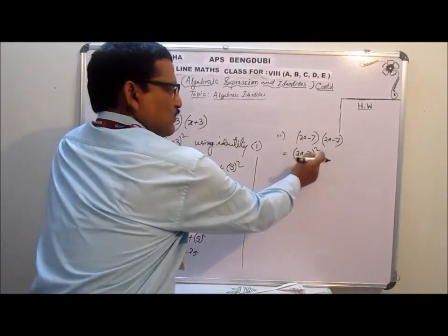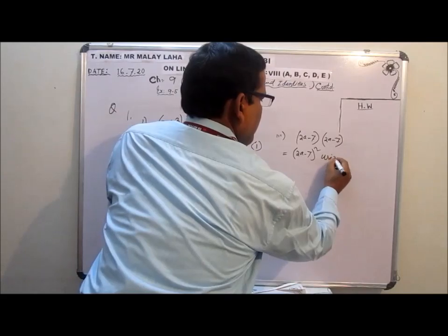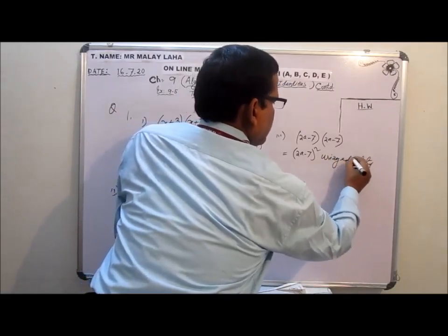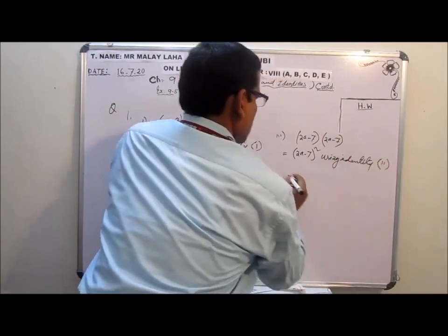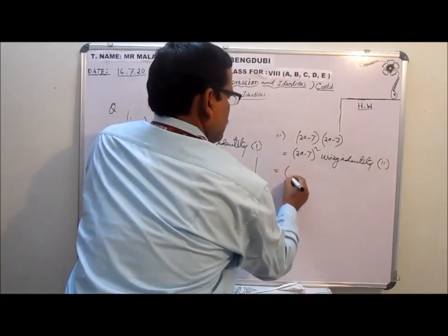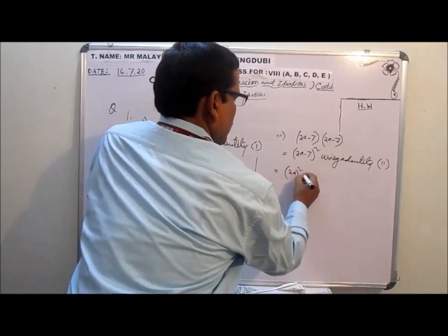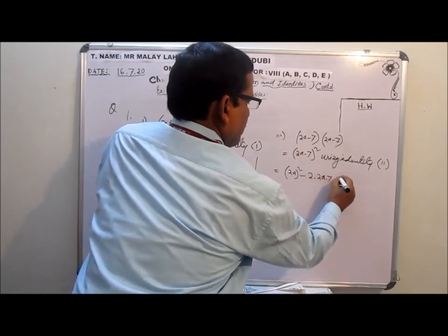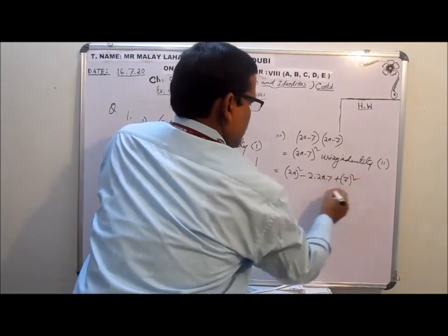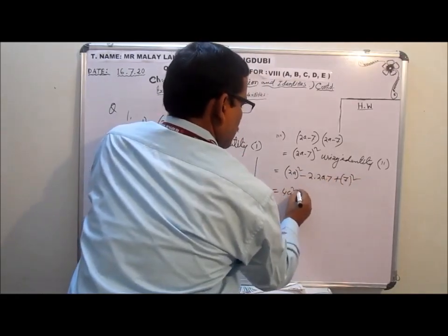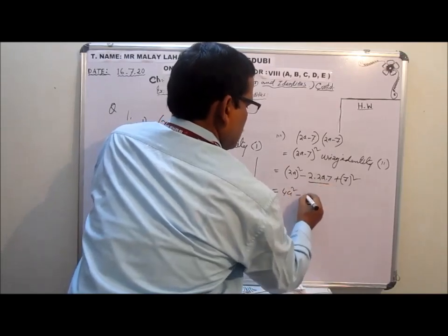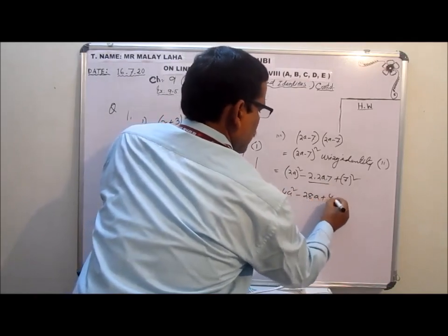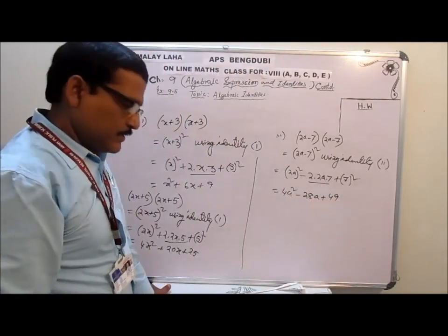The (a minus b) whole square, that means using identity 2, we are getting what? A square means (2a) square, minus twice a means 2a, b means 7, plus b square means 7 square. 4a square minus, what is the product? 28a plus 49. Got it?